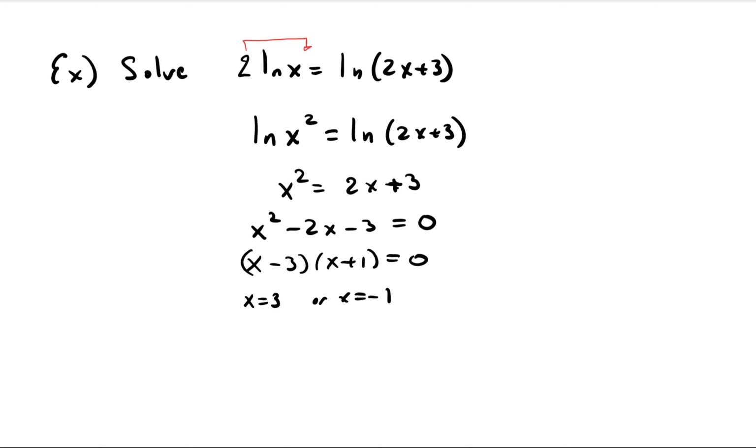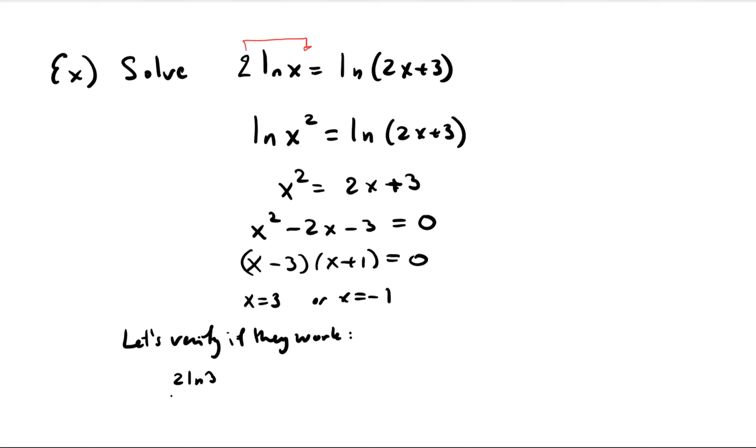So this is where I have to verify that my solutions actually work. So let's verify if they work. Okay, so this is where you replace x by 3, so you calculate 2 ln of 3. That's okay, you can calculate that.